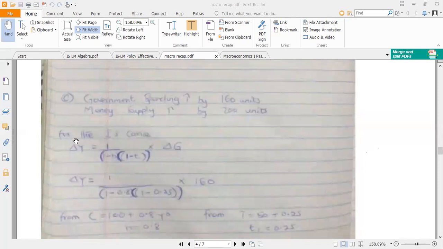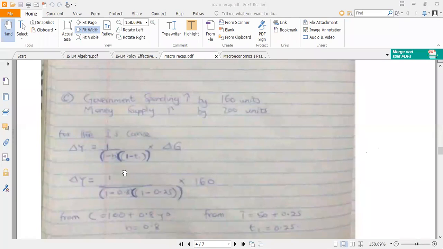If you want to find the change in Y resulting from the change in G, then change in Y equals k times the change in G. In most of the notes, they just use 1/(1 minus b). That is the case where the tax was only lump sum tax. But if they introduce the marginal tax rate, then it becomes 1/(1 minus b(1 minus t)), where b is your marginal propensity to consume and t is your marginal tax rate.